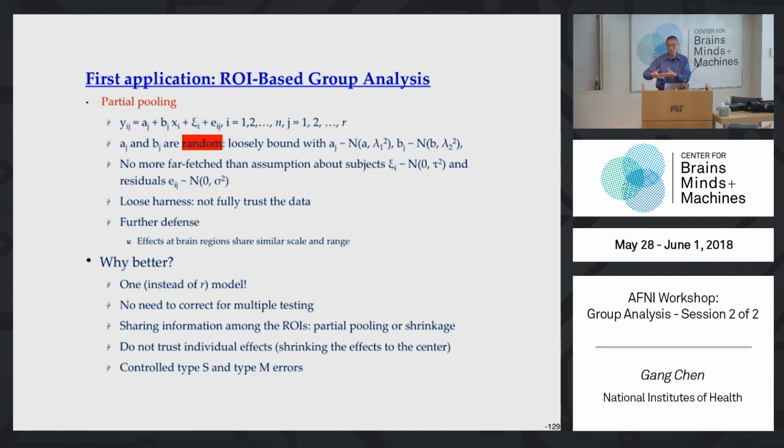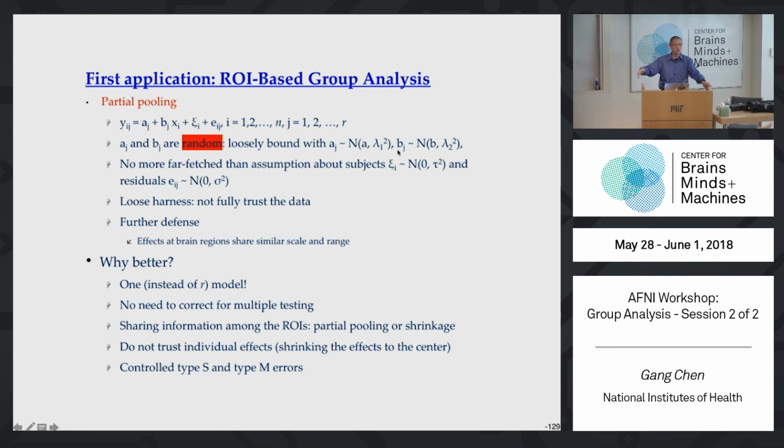It is dramatically different from the traditional approach. So we treat them as random variables. That's why I loosely bound them with that Gaussian distribution. That distribution, of course, we just assume, but we don't know the mean, we don't know the variance. We're going to use the data to find out what the mean and the variance are for each of the two parameters, the intercept and the slope.